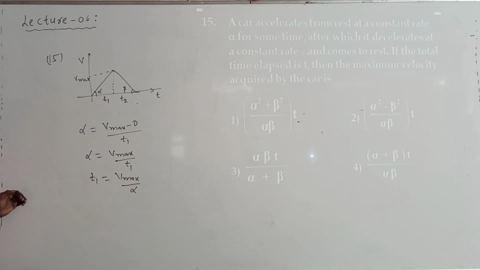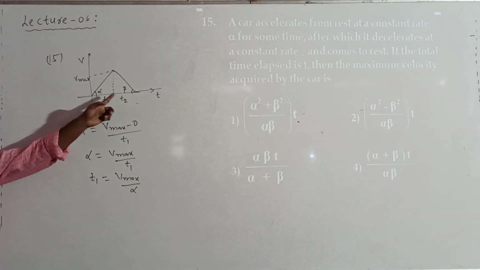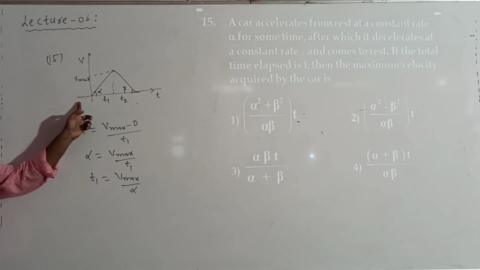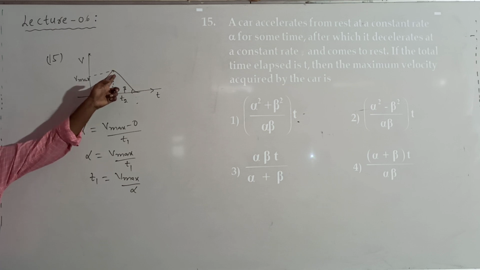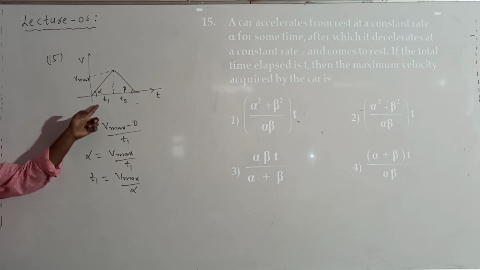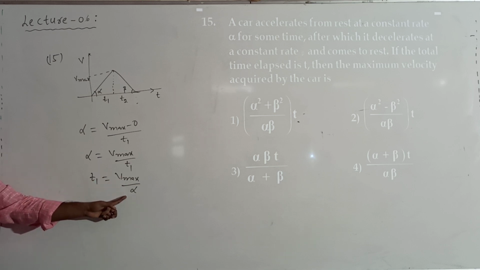Clear? Anyhow, we know the slope of the velocity-time graph gives us acceleration. Slope is y coordinate by x coordinate. So alpha is equal to y coordinate value V max over x coordinate value t1. Then t1 is equal to V max divided by alpha.